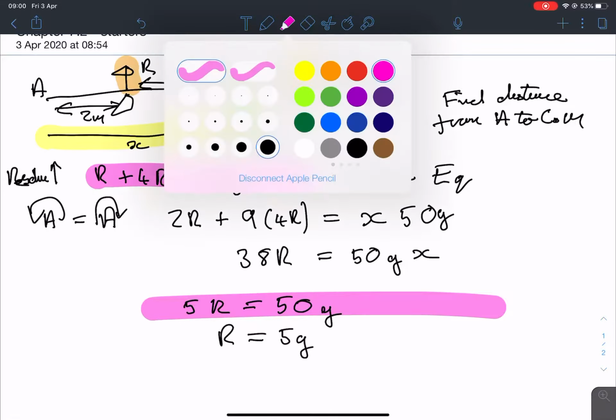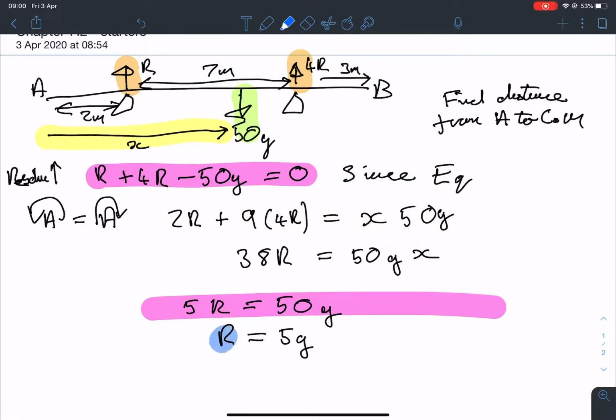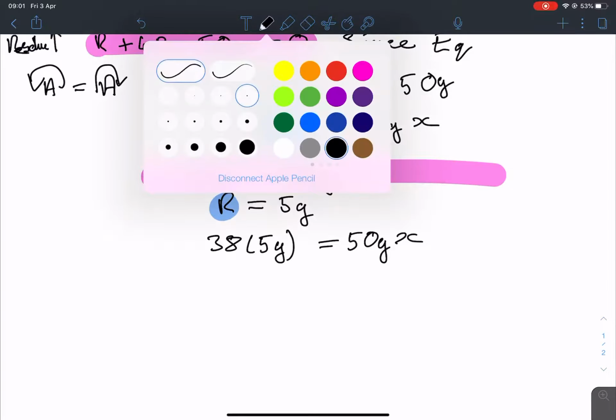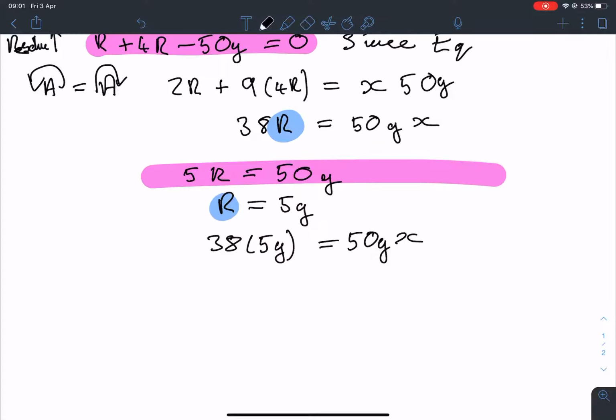We can then substitute in for the R, because we know from here we've got 5R equals 50g, so R equals 5g, and then we can substitute that in for R. So we get 38 times 5g equals 50g x.